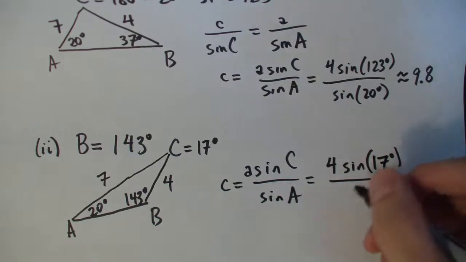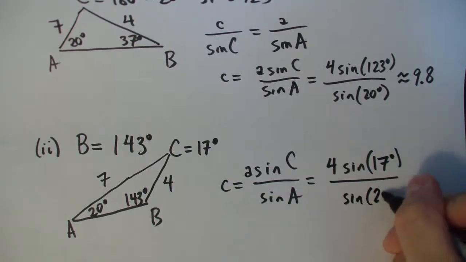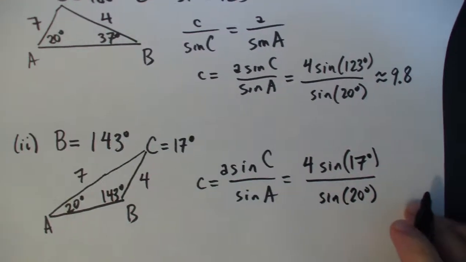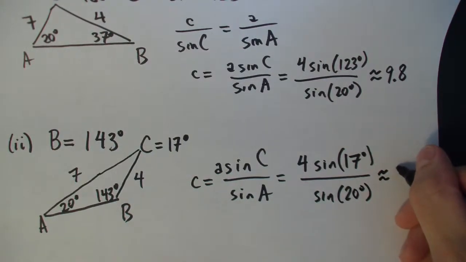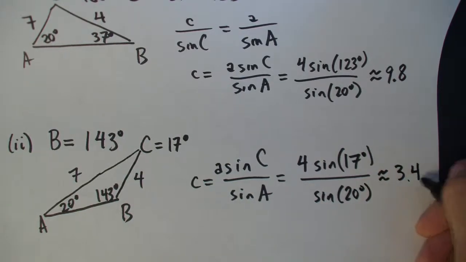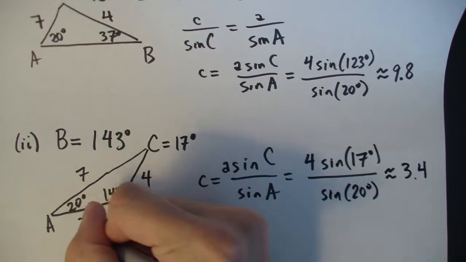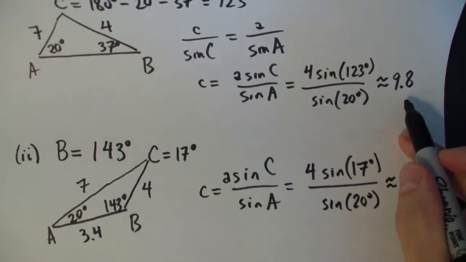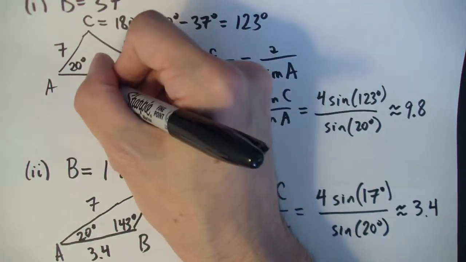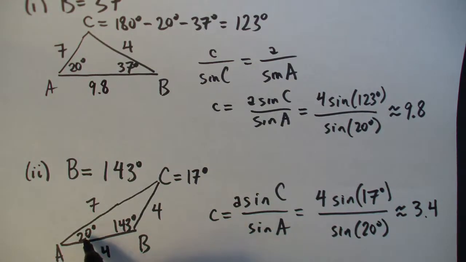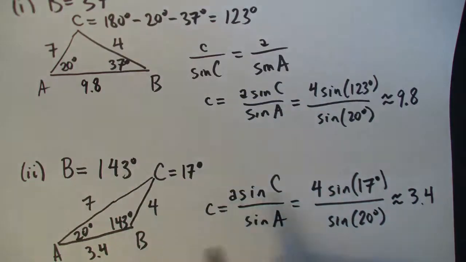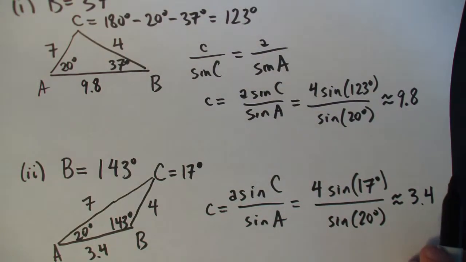And again, A is still 20 degrees, sine of 20 degrees. And when we compute that, we get C is equal to 3.4, roughly. So 3.4 in this case, and in the earlier case, C was 9.8, so we can label those. So there's two possible triangles where A is 20 degrees, side B is 7, and side A is 4. And we found them by using the law of sines.